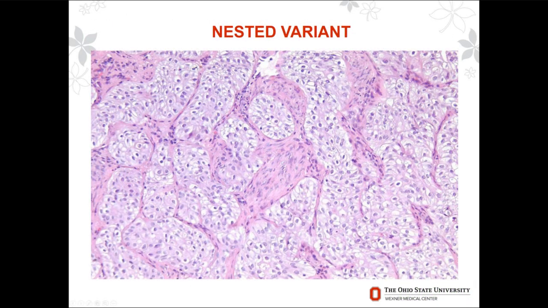So don't be fooled by the nested variant, because most nests have a very bland cytological appearance. But look at the cytological complexity, look at the confluence, look at the anastomosis between nests, which are features that will help you distinguish carcinoma from benign von Brunn nests and other benign conditions in the deeper portions of the neoplasm.